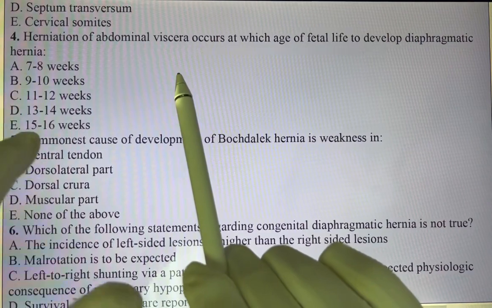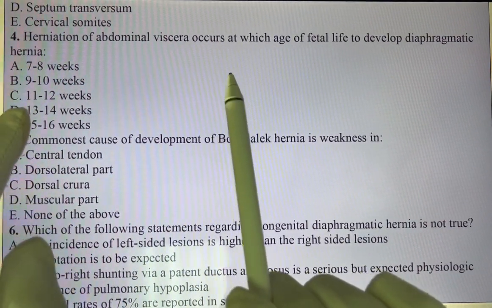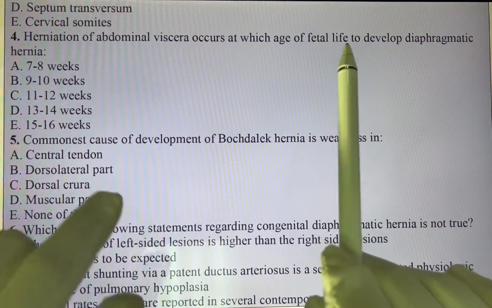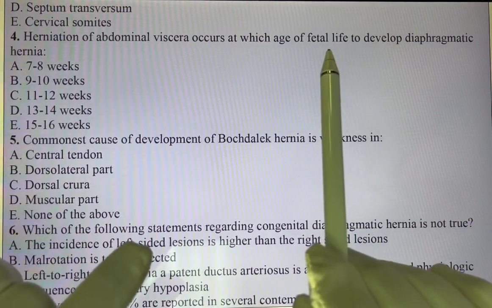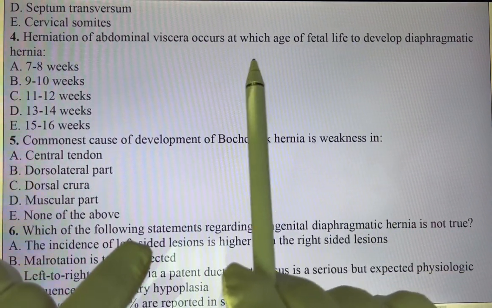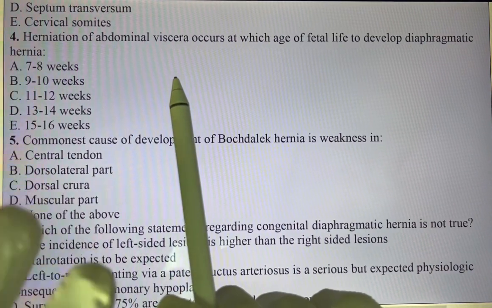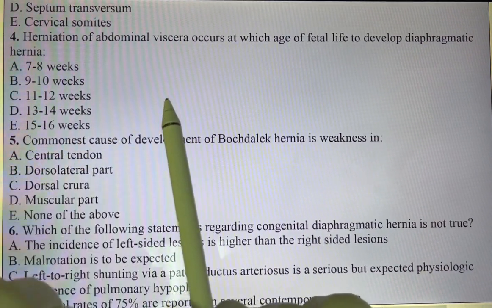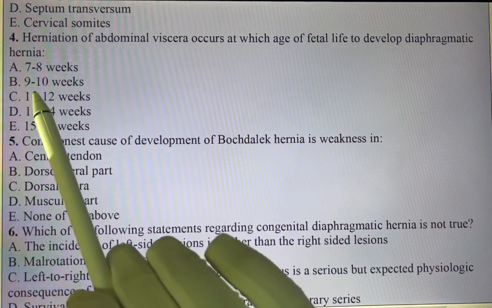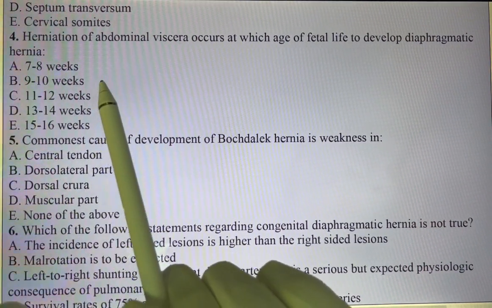So basically it's at the age of the return of the abdominal viscera from outside the abdominal cavity to its inside, just before the step of fixation to posterior abdominal wall. And it happens at number B, 9 to 10 weeks.